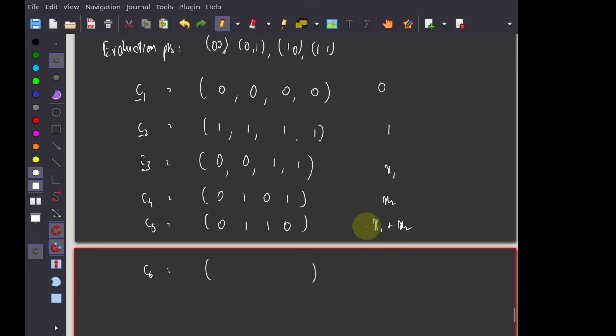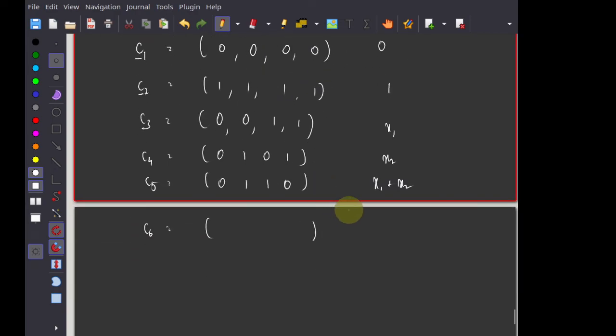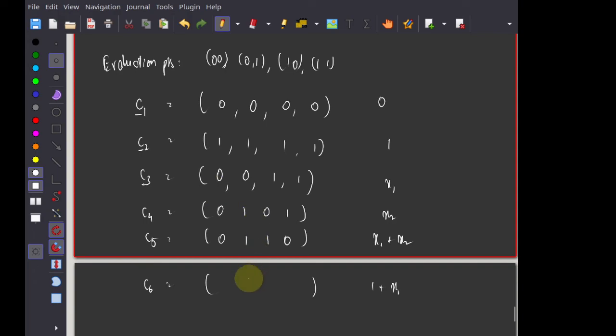It is 1 plus x1. 1, 0. Wait, 1 plus 1. There's no, only x1 is 1, 1, 0.